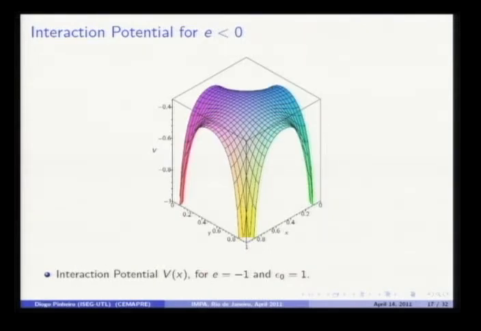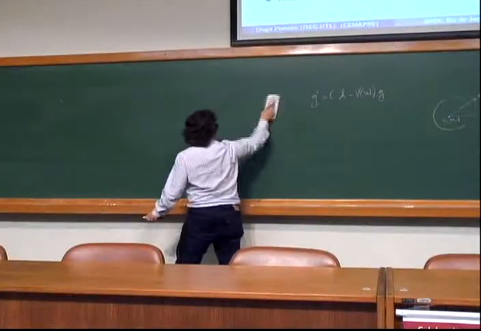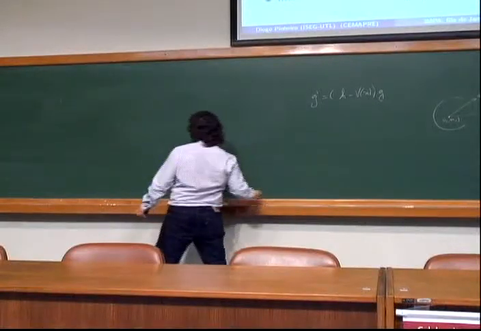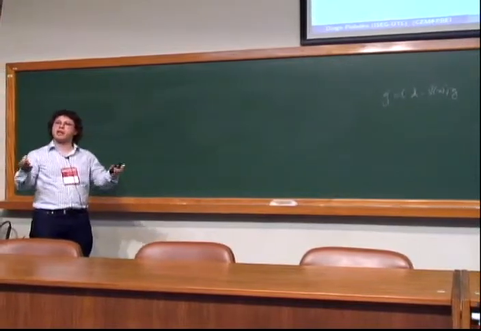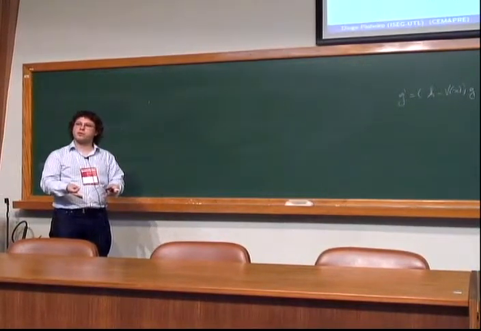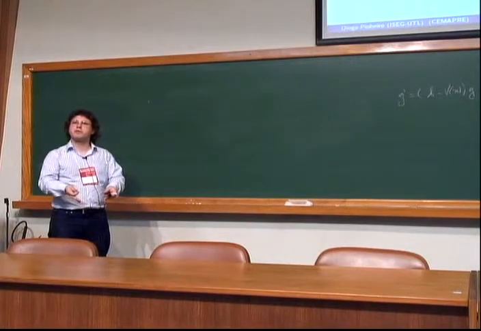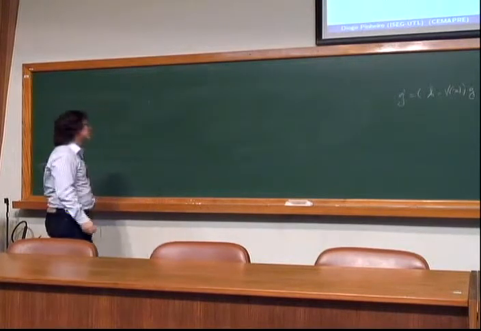In the case where the charge is negative and you have an attractive interaction, then what you do is the following. Again, you identify the level sets, the thresholds in the energy where the behavior of the dynamics changes, at least where the projection of the energy level sets on the configuration space changes its topology.